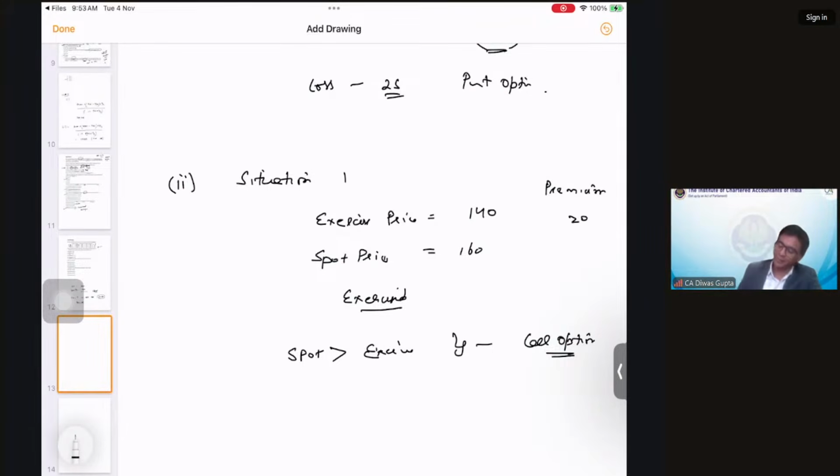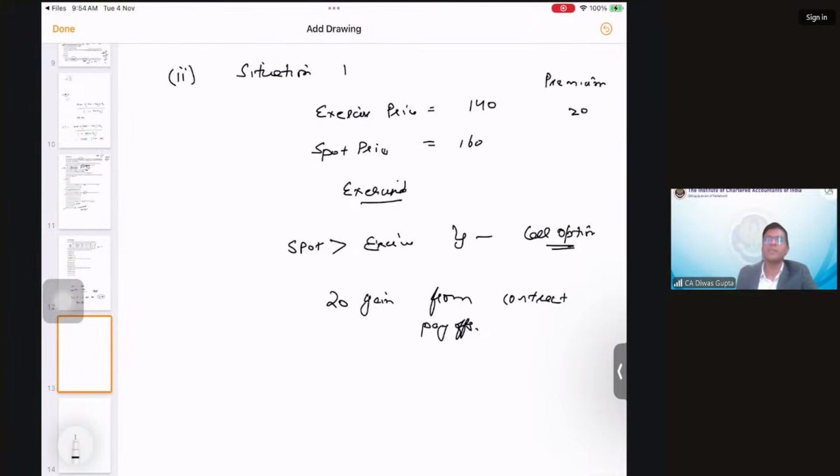If it is a call option, that means 20 rupees gain would have happened on account of spot price minus exercise price from contract payoffs, and 20 rupees premium would have been paid.